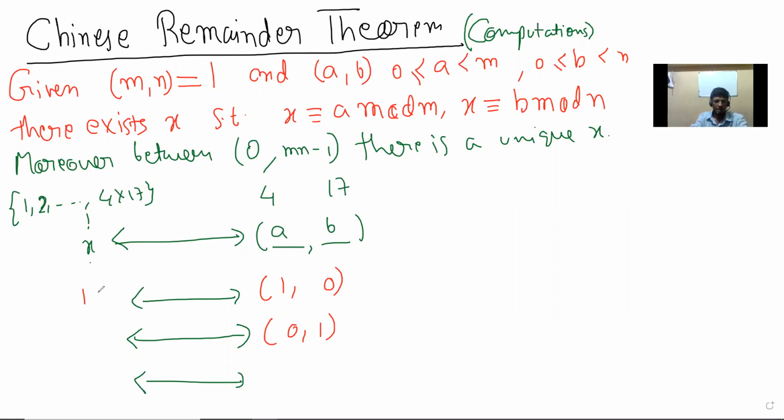And where is 0 comma 1 coming from? It's coming from 52.